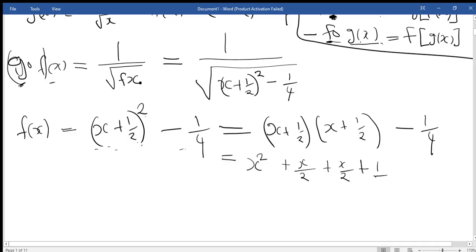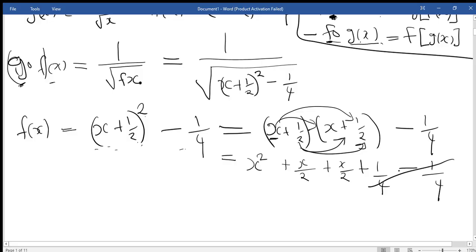So just breaking everything, x times everything, at the same time 1 over 2 times everything. That is why we have this expanded version. But remember, there is a minus 1 over 4 outside. So obviously, 1 over 4 minus 1 over 4 is 0.